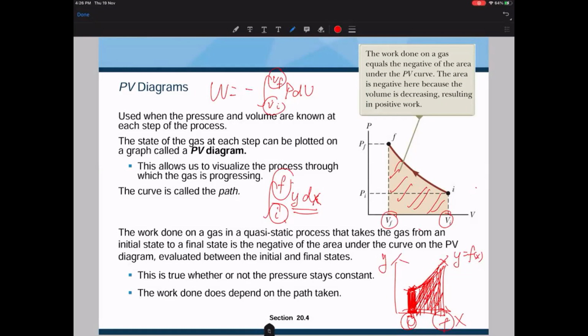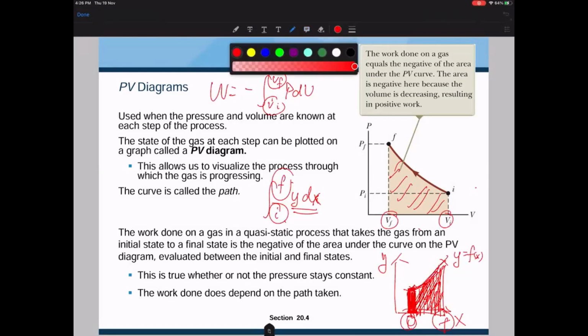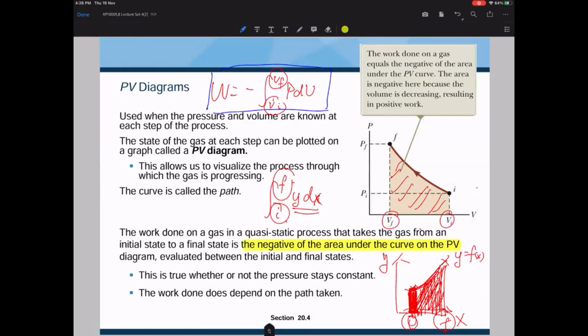So here, the work done, which is given by the equation at the top, refers to the negative of the area under the PV diagram.